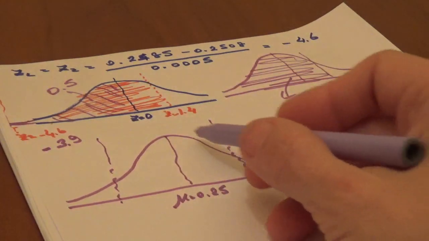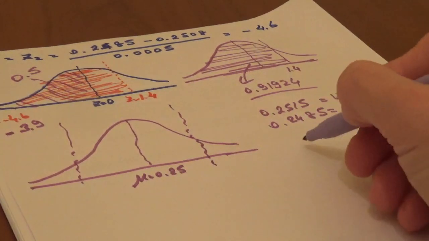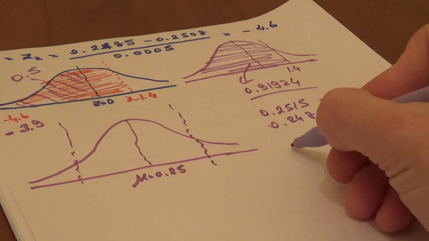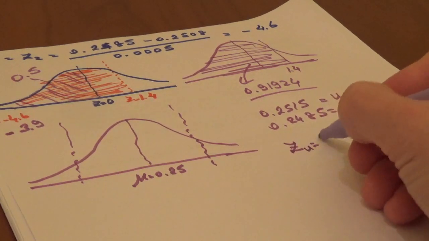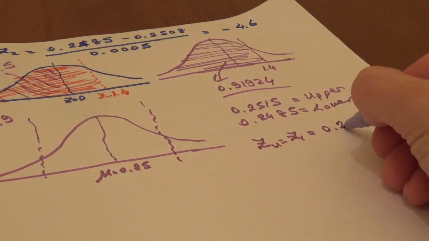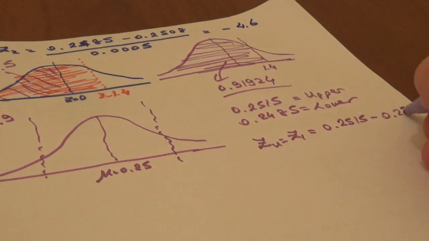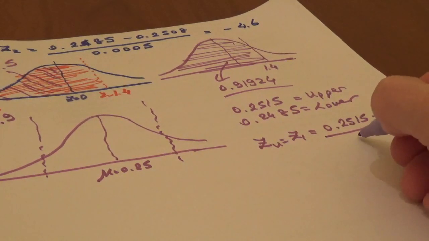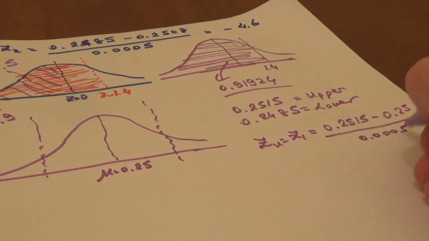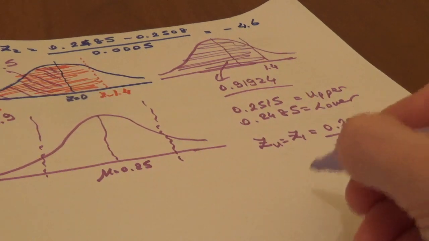What is this area? We need to find the z value. How do we find the z value? These are the x values. So z upper, or z1, would be 0.2515 minus 0.25 all over 0.0005, which is 3.